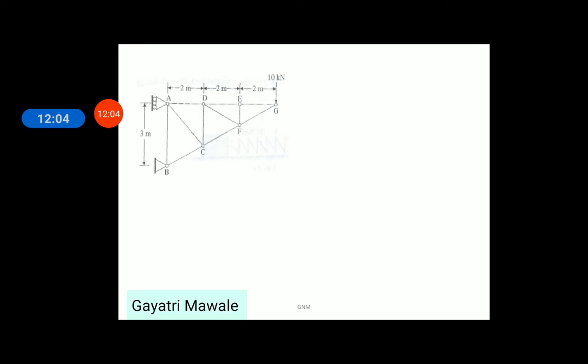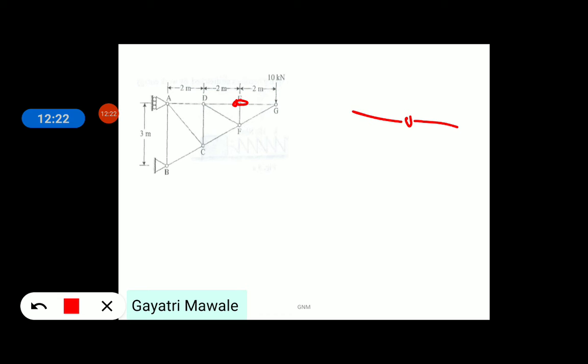For this cantilever truss, if we start from point E, then here we have two forces acting collinearly along one line, and the third force is like this.